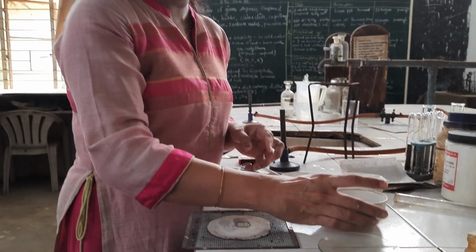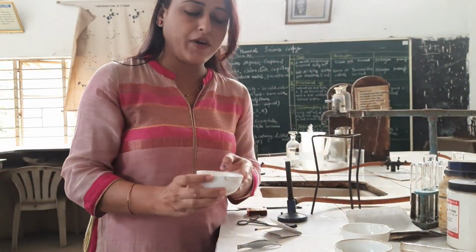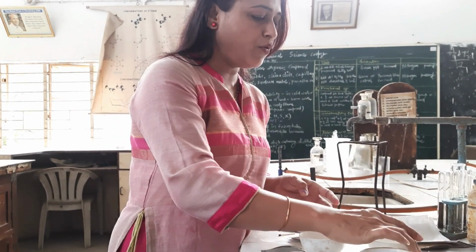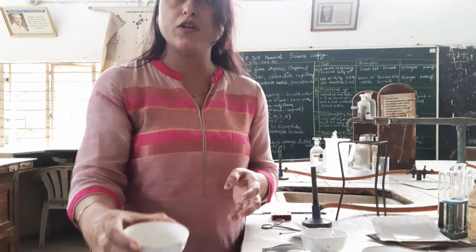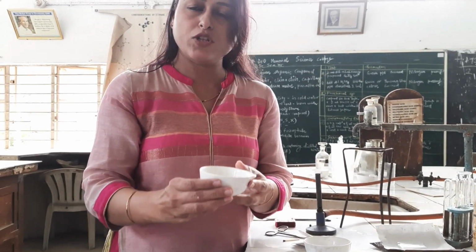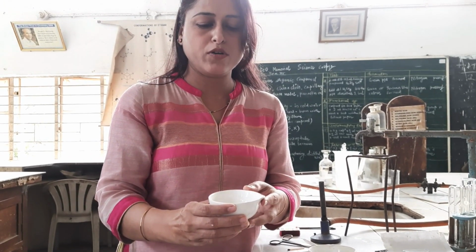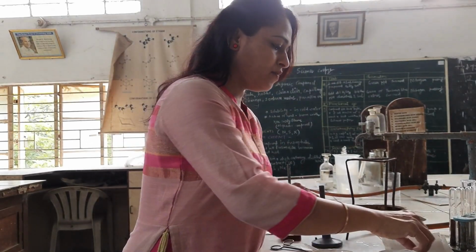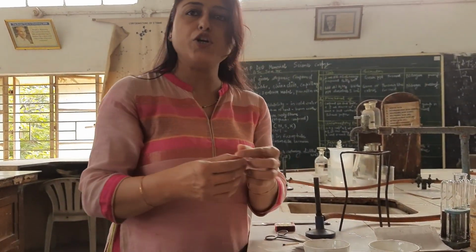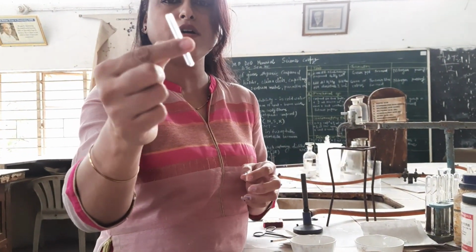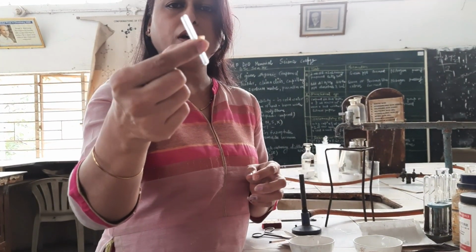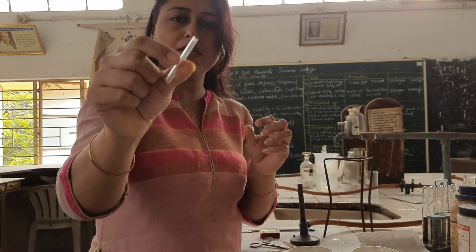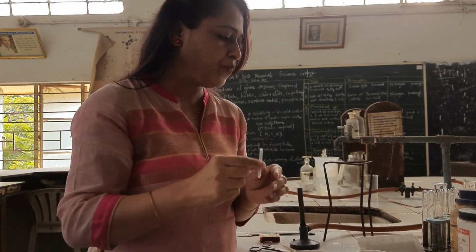Then we will require our given unknown organic compound, and also we need distilled water along with a china dish. This is the china dish, and near about 15 ml of distilled water is present in it, and we require a fusion tube. It is just like a capillary, but a capillary tube is very thin and this is very thick. So this is a fusion tube.